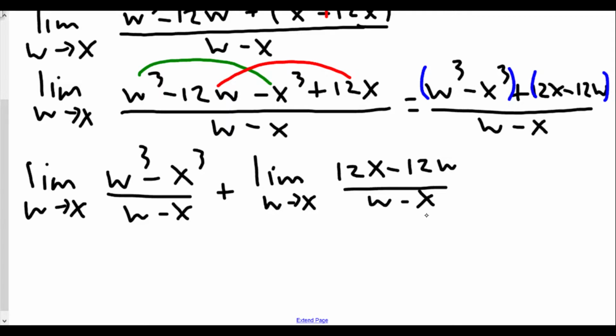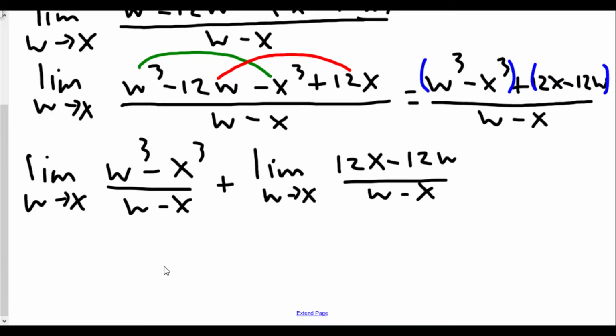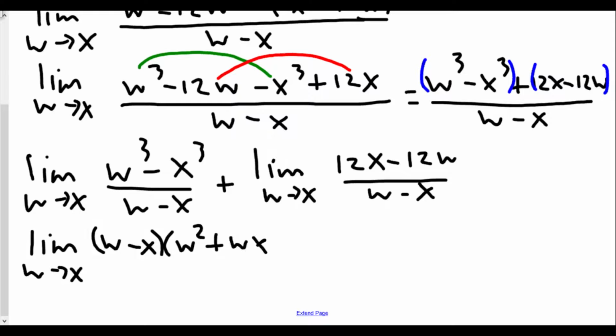Okay, so we're going to do a little factoring. We need to know how to factor the difference of cubes. So we'll expand that here: the limit as w approaches x of w minus x times w squared plus wx plus x squared, over w minus x.